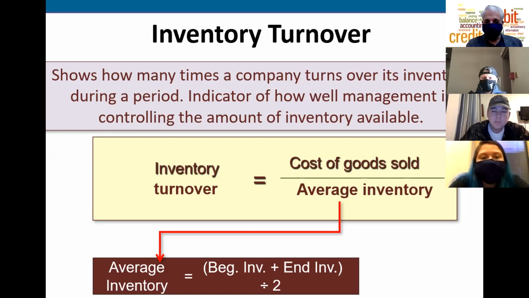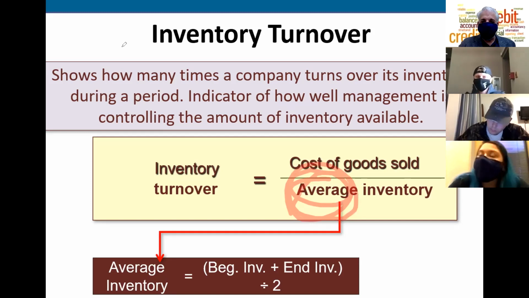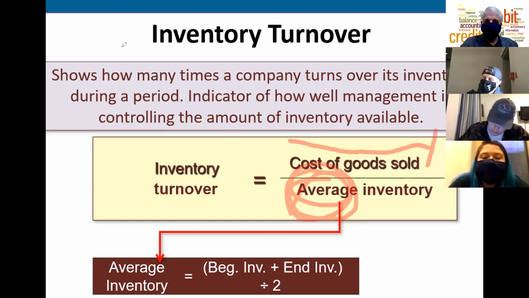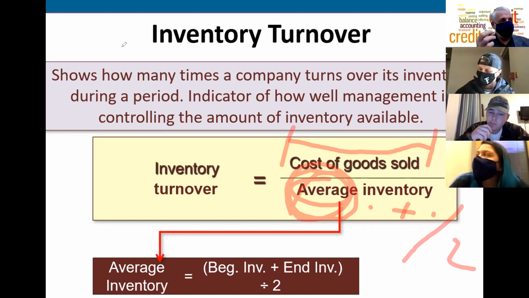You look at the formula, we have our cost of goods sold divided by average inventory. Because cost of goods sold is for the whole year, but inventory is a point in time. So you have to take 2 points in time and divide by 2.